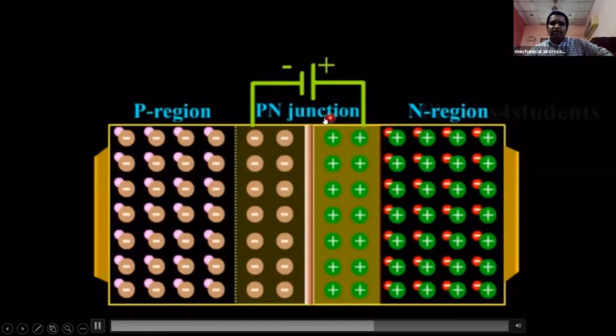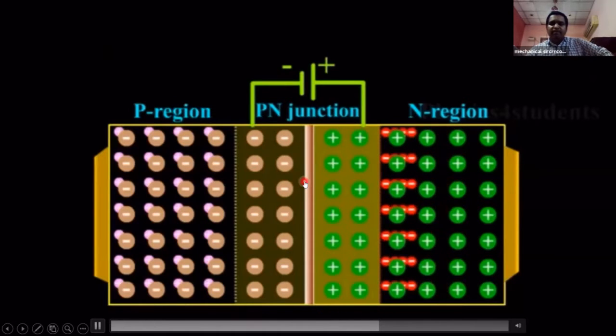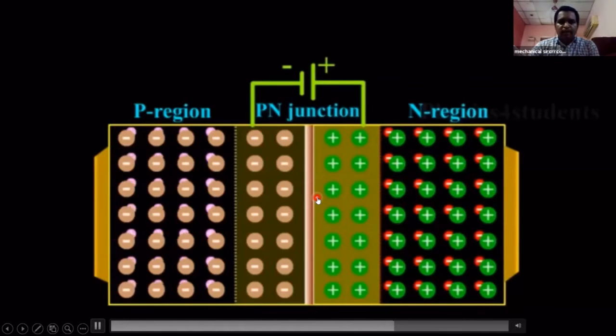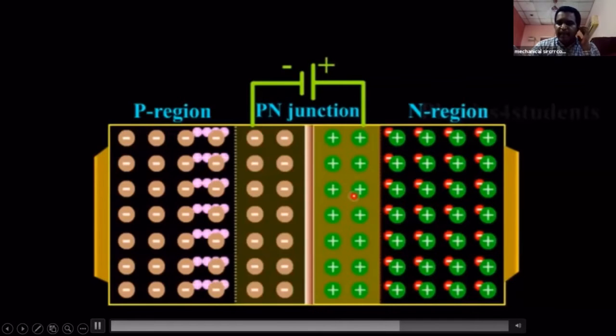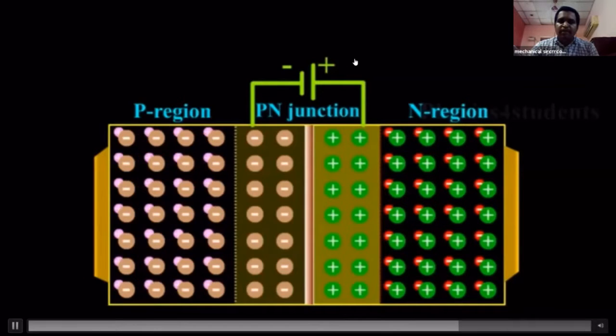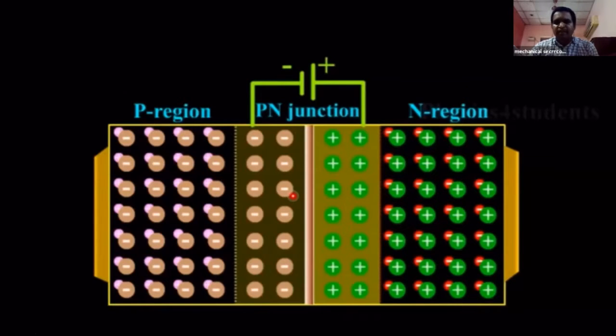Because of that potential there is a barrier between the N region and P region at the junction. Because of this barrier the electrons from the right side are not able to move towards the P region and the holes in the P region are not able to move towards the N region. This barrier restricts the flow of electrons and holes across the junction.